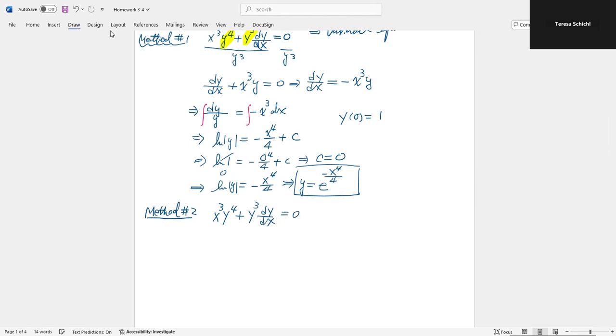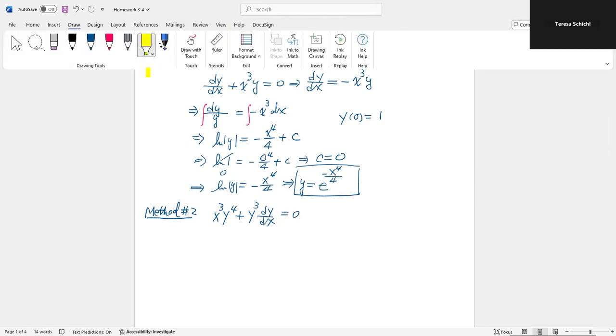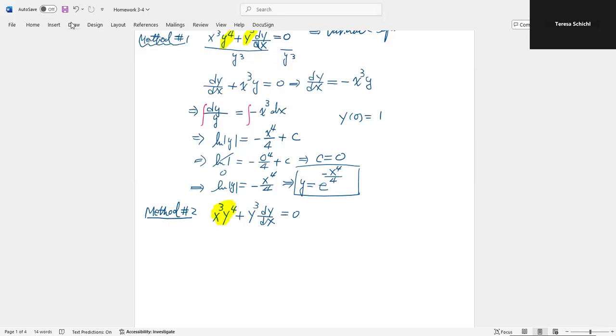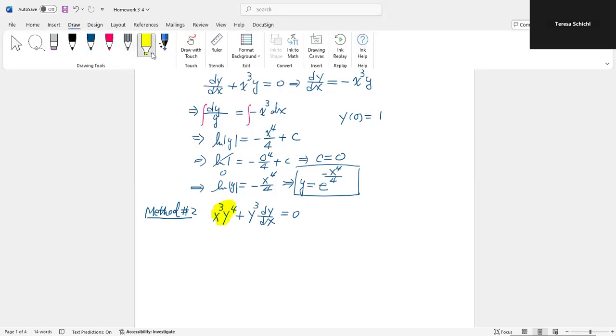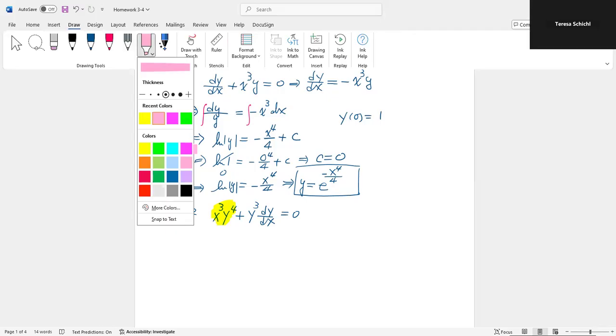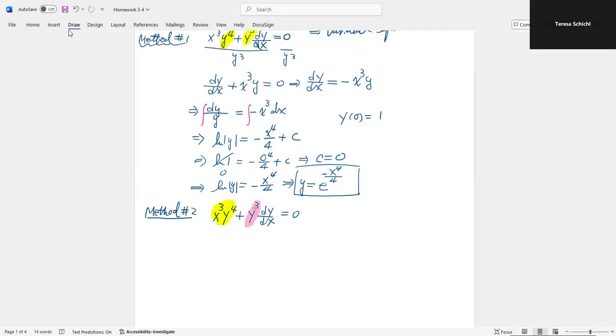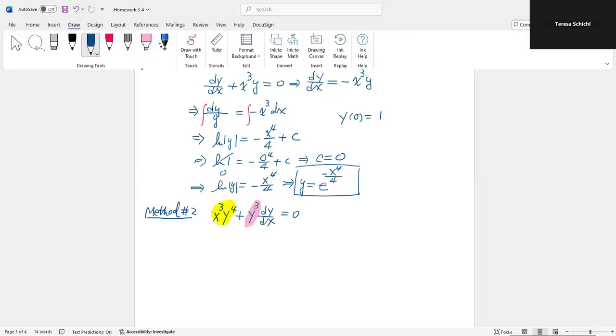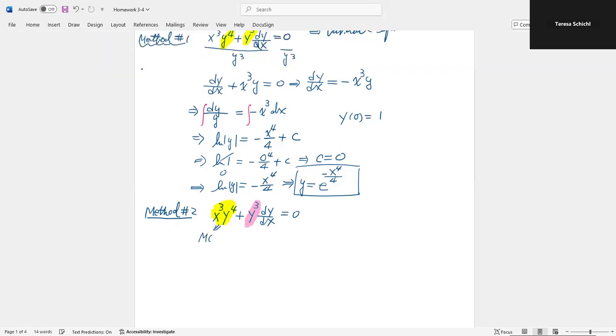For the exact differential equation, this is one of my functions, and this is another of my functions. I call this function M(x,y), and this is N(x,y).